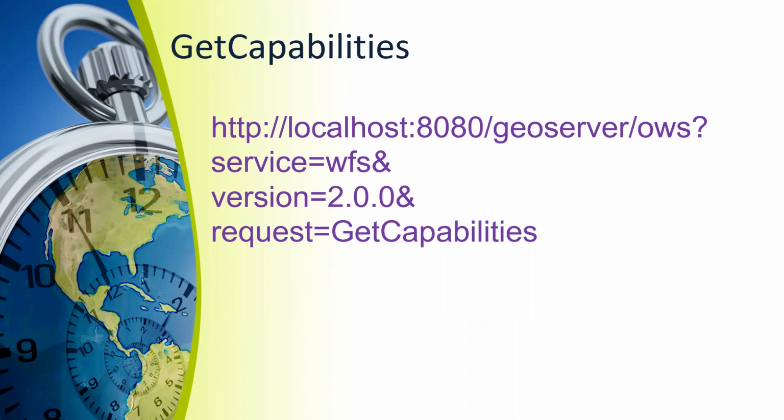So let me throw a quick question to you guys. What do you think is the difference between this get capabilities and the other one that we had previously? Just look at that URL. Is there a difference, or is it still the same get capabilities?